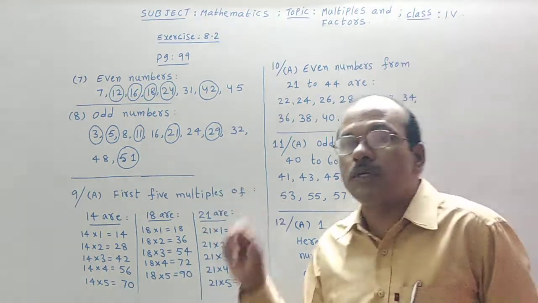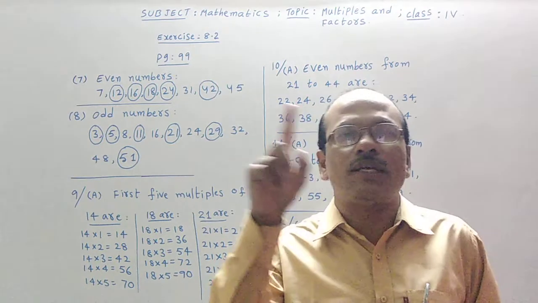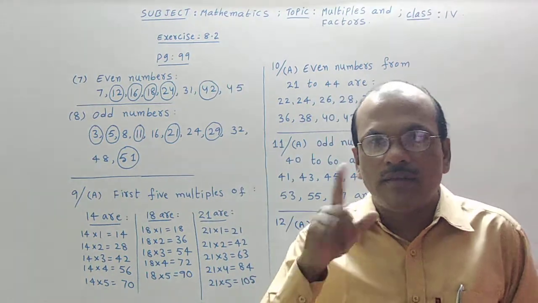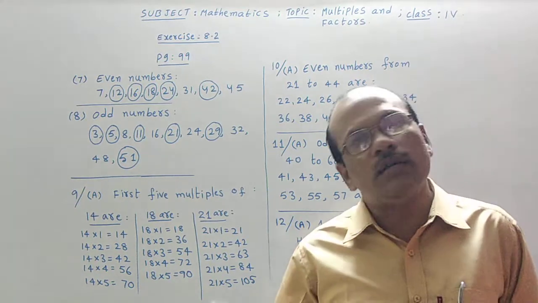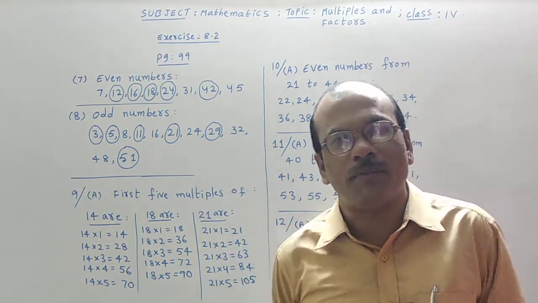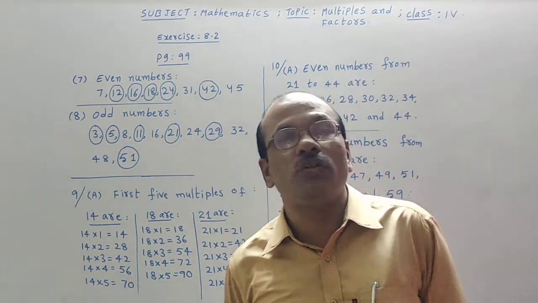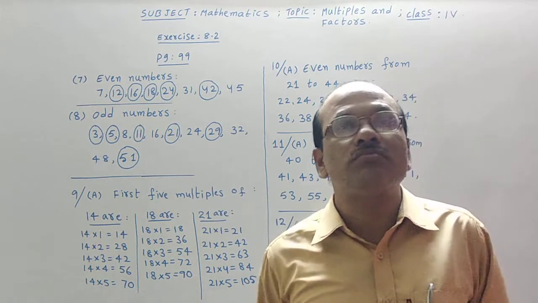Then odd numbers are those which are not multiples of 2. Suppose you take 7. 7 is a multiple of 7 and 1 also. But 7 is not a multiple of 2. Am I correct? Same way if you think of 9, 9 is not a multiple of 2.